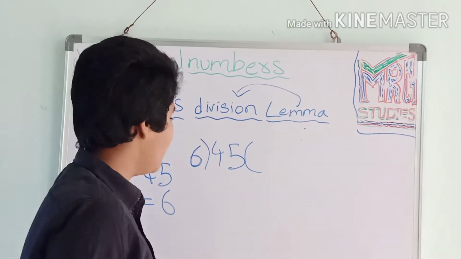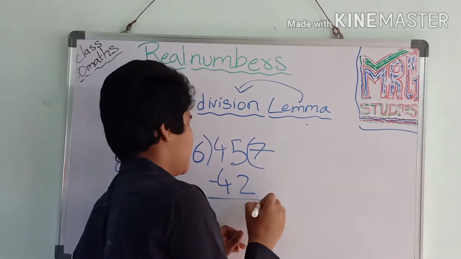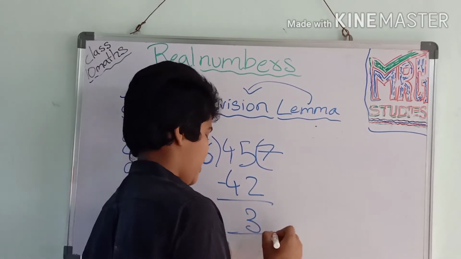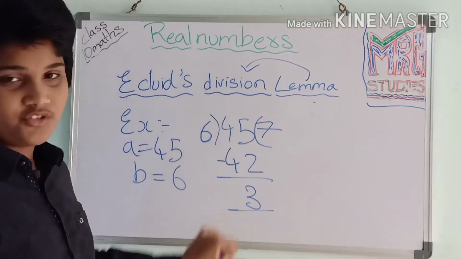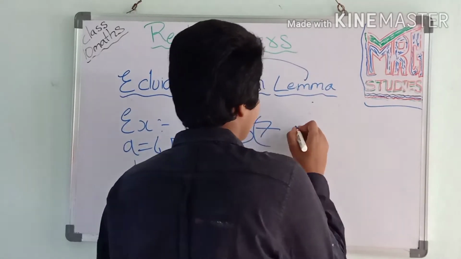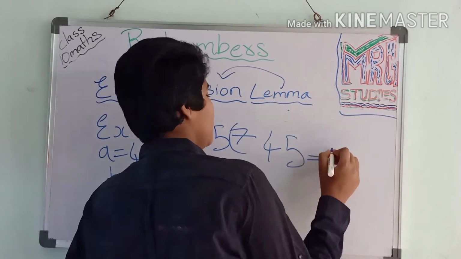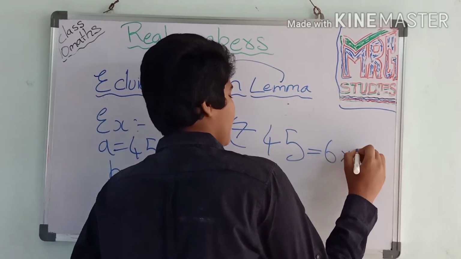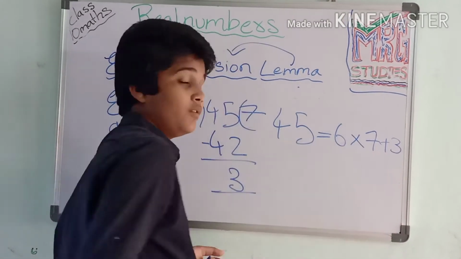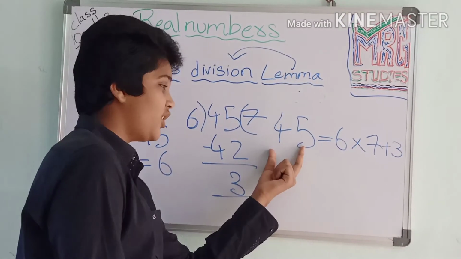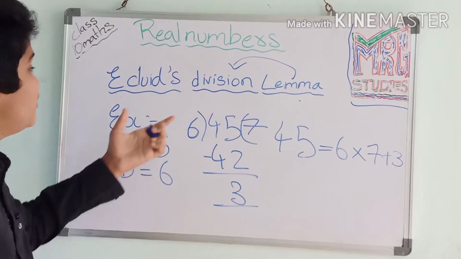So we got 42, we keep 7 here, subtract, and we got 3. Now we should write this in the setup of division: 45 equals 6 into 7 plus 3. 6 sevens are 42, and plus 3 equals 45. So we should write the setup of the division like this in Euclid's division lemma.